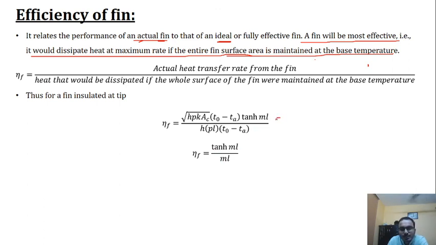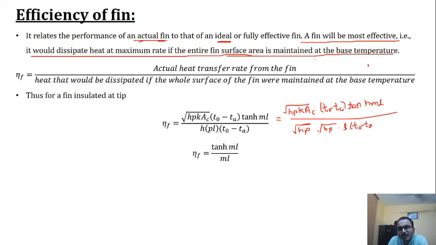If we continue from this equation, we already have square root of hPkAc (T0 minus T∞) into tanh ml divided by hP into L into (T0 minus T∞). So one hP will get cancelled.